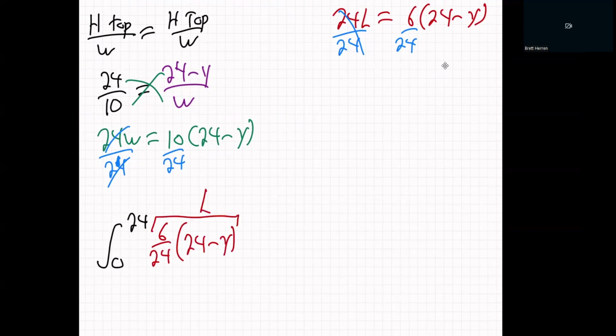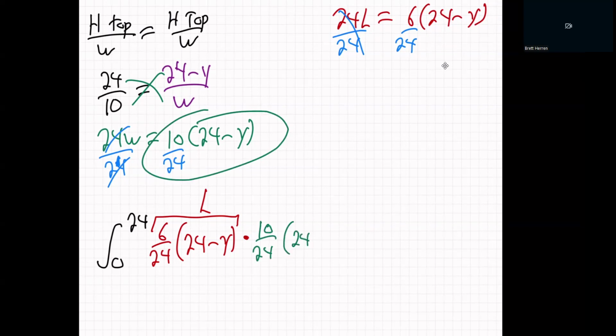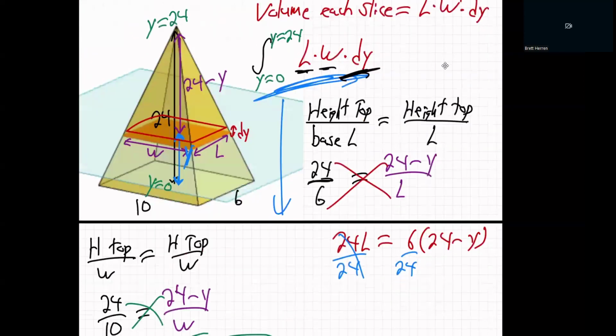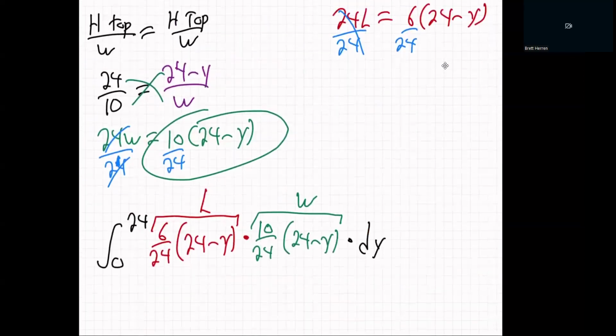That's the length, times the width, which is 10 over 24 times 24 minus y, times dy, the thickness. So there's the integral.